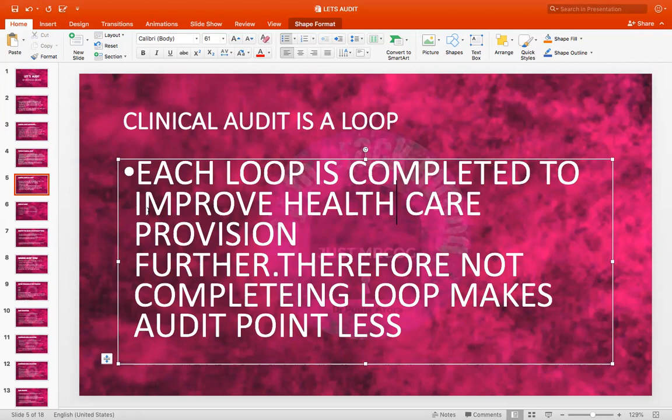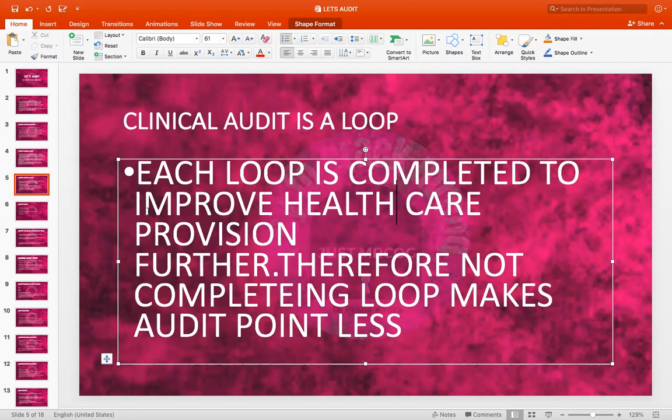So if your examiner or your junior asks why it is important to complete the audit, you have to say that clinical audit is a loop. Each loop is completed to improve healthcare provision further. We always do audits to improve our services structure-wise, service-wise, outcome-wise in future.